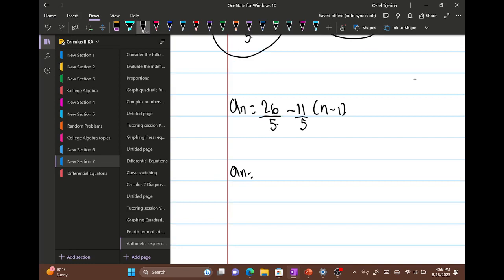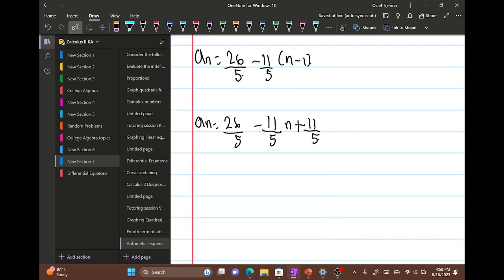You can do distributive properties, so we have 26 over 5 minus 11 over 5 n plus 11 over 5, and this would end up being a sub n would be, hold on guys, negative 11 over 5 n plus 37 over 5.